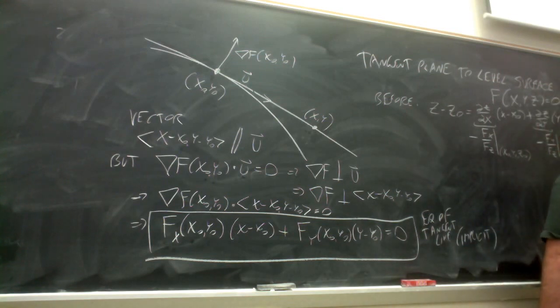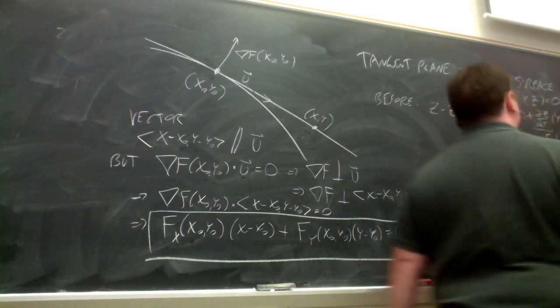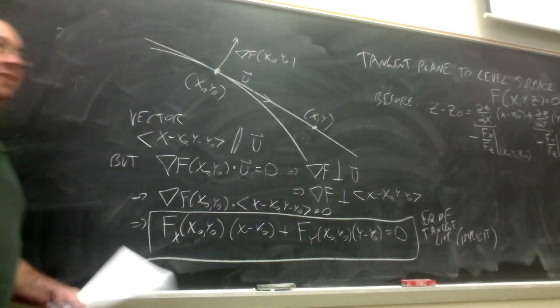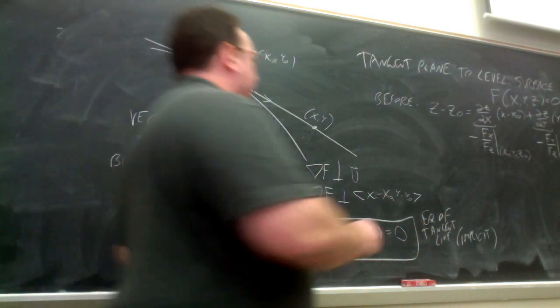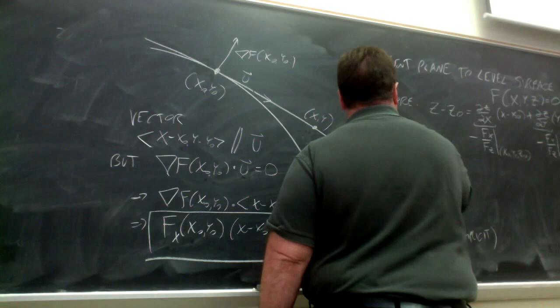And we had the requirement that partial f with respect to z was not 0. So it's the exact same dilemma, and we can resolve it in the exact same way. Multiply through by fz.